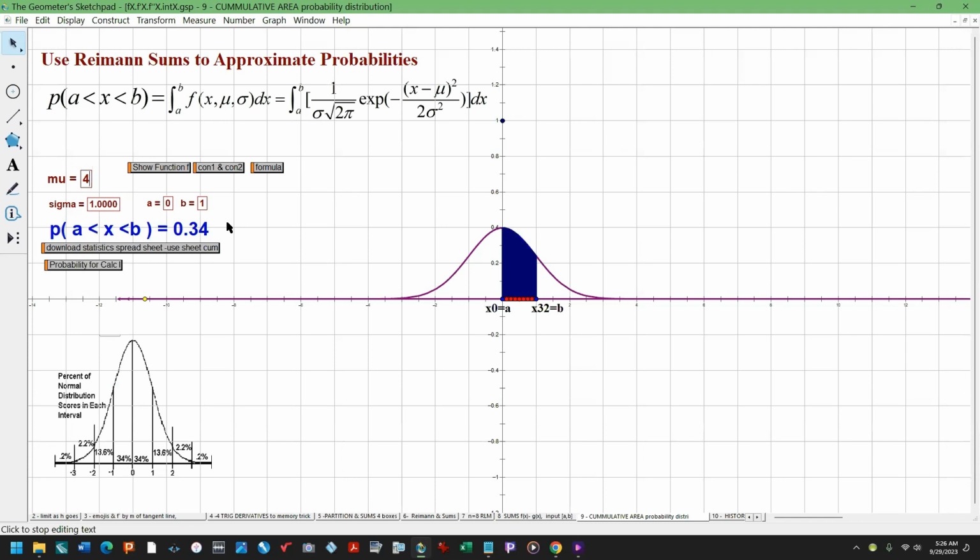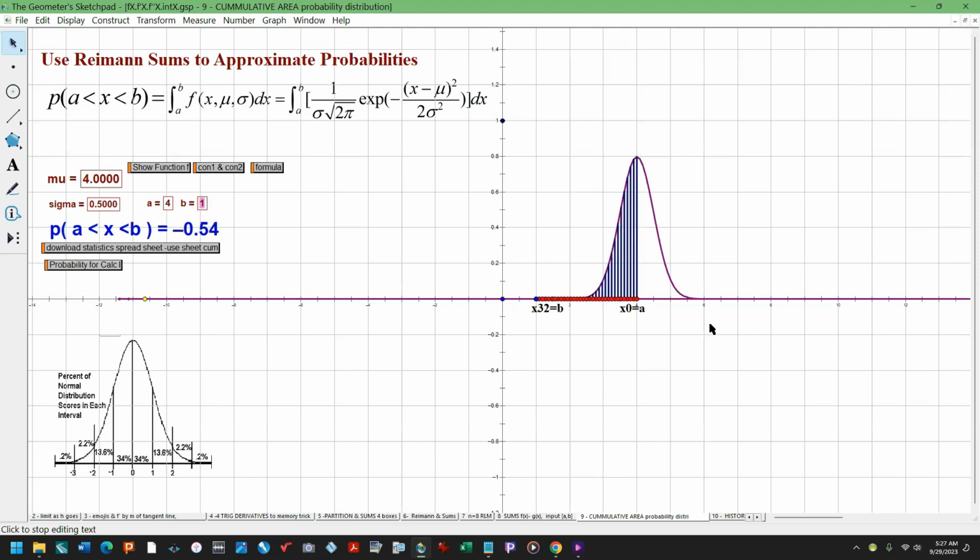Well, let's see if it moves it. There, it moved it to 4. And the standard deviation, let's make that really tighter. Let's make it 0.5. And let's go from A of 4 to a B of 6.